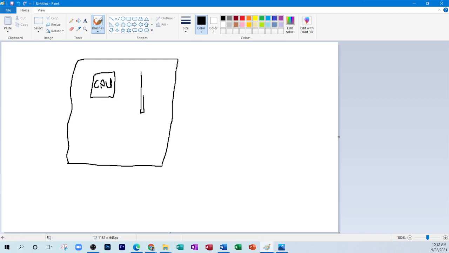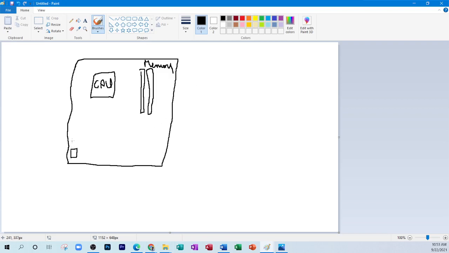And this is going to be a memory. You're going to have some USB ports.